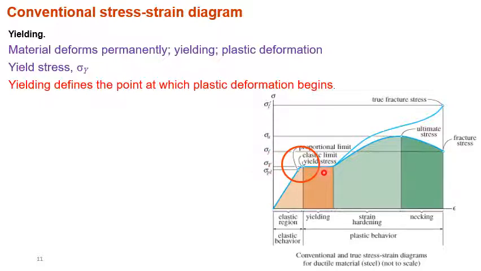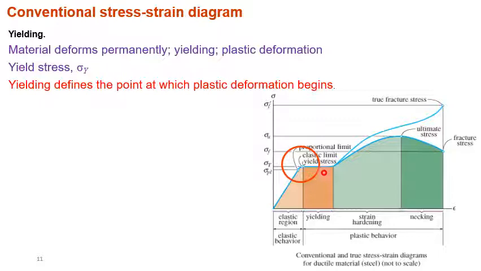The point where the elongation or deformation of the material starts is the yield point. As I already said, in a ductile material we differentiate the upper yield point and the lower yield point.